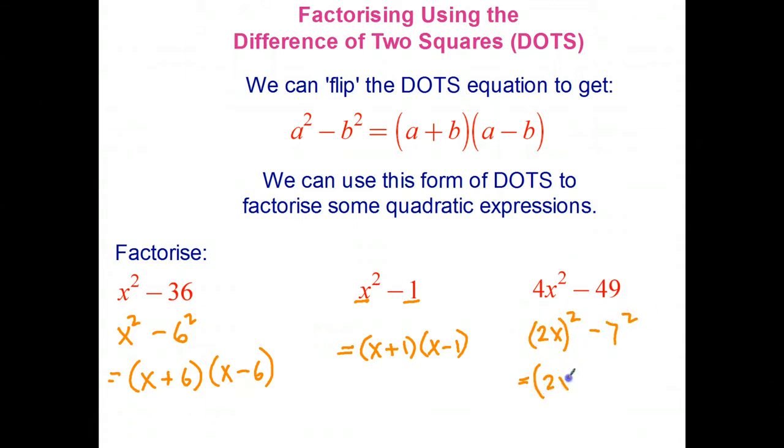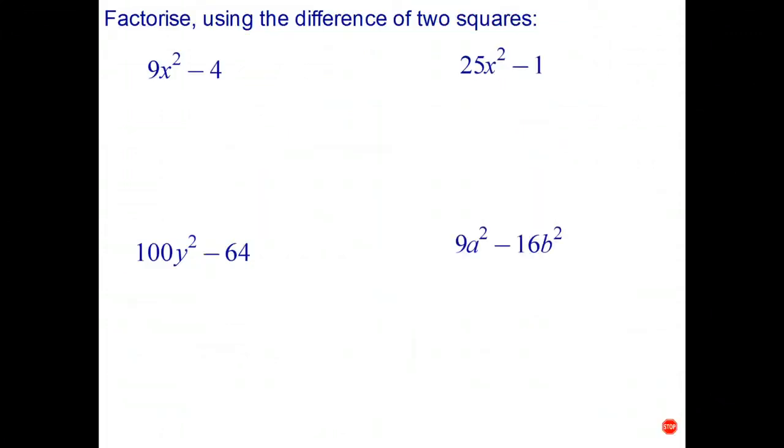That's going to be 2x plus 7 times 2x take 7. Okay, let's go ahead and let you have a go at doing some of these. Okay, so stop the video and factorize these 4 expressions, please, using the difference of two squares. Okay, let's see how you went.